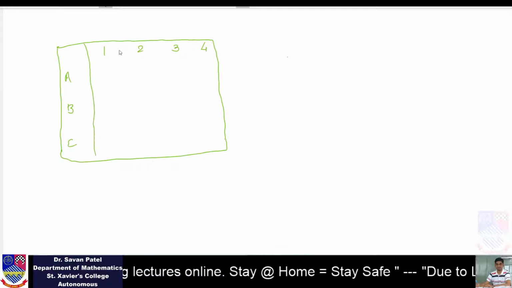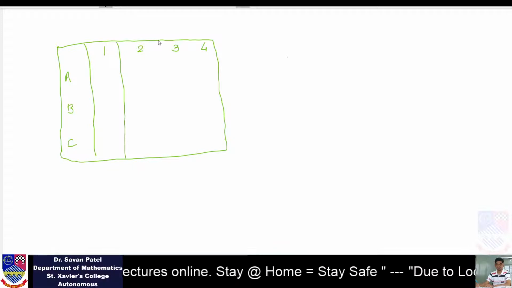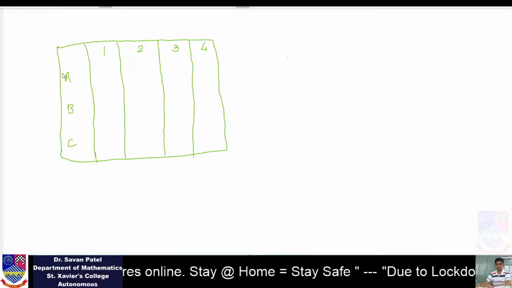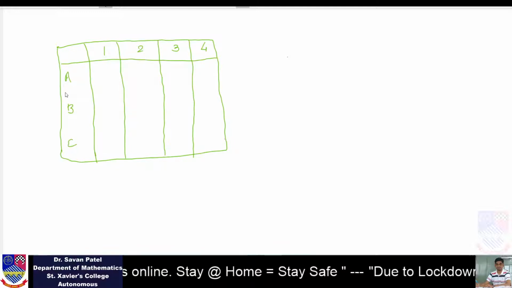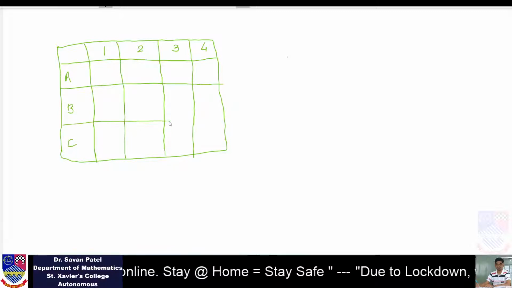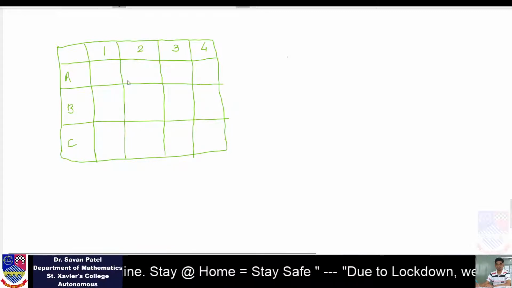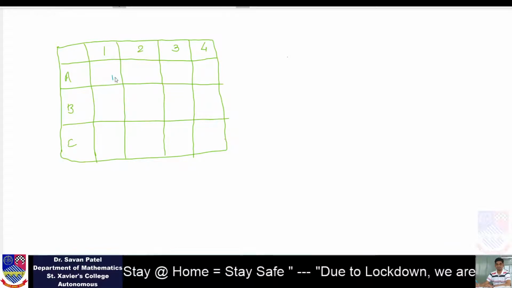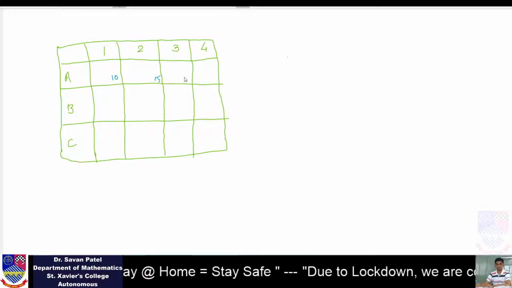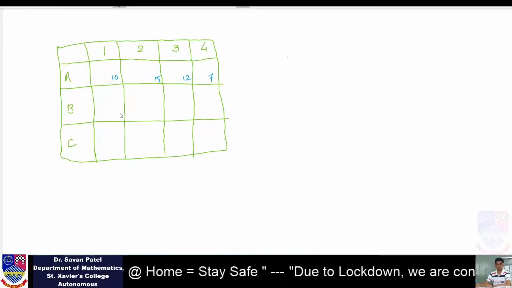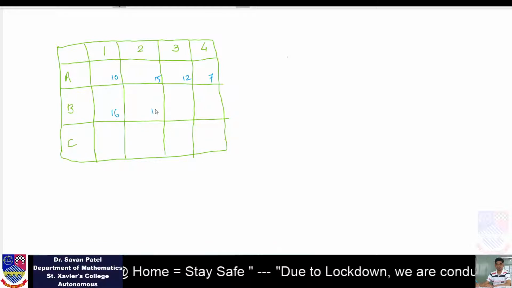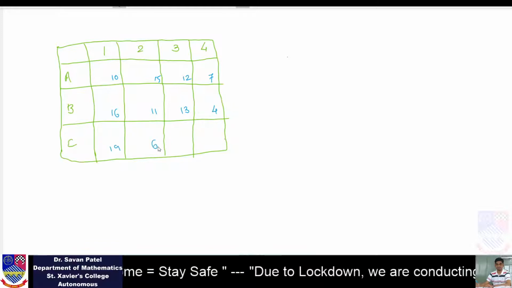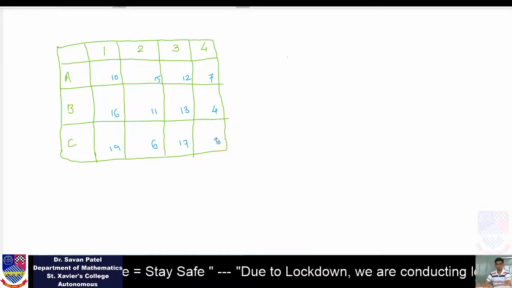The transportation cost is given, I am writing any numbers. I am writing the transportation cost in blue at the bottom corner. That is, here I am writing 10, 15, 12, 7, 16, 11, 13, 4, 19, 6, 17, 5.